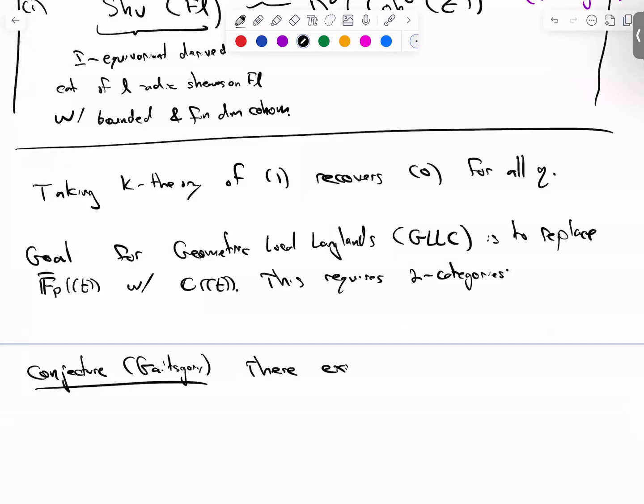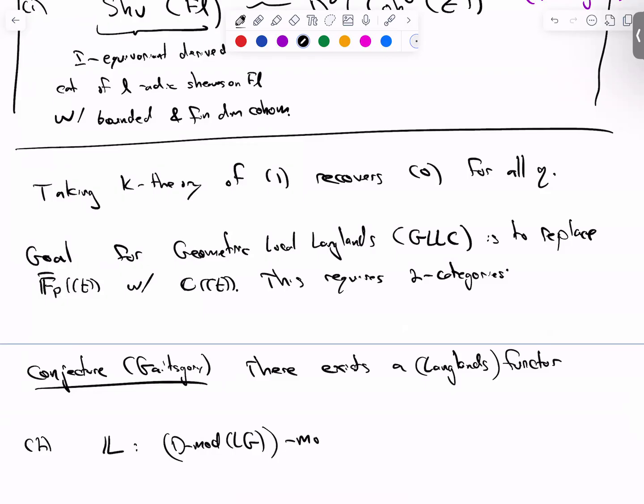There exists a Langlands functor, which will be denoted by boldface L, from the category of modules of the loop group, taking modules of that.